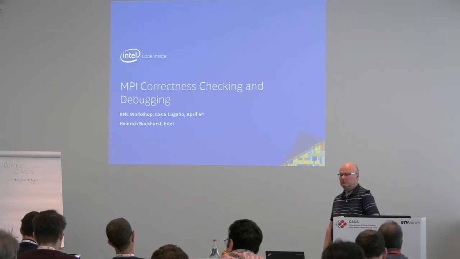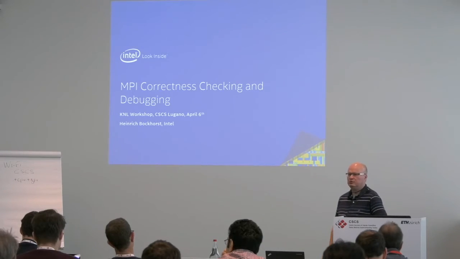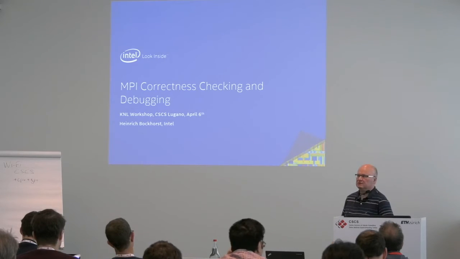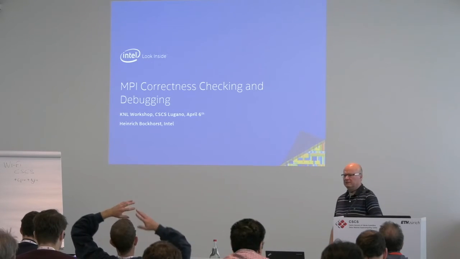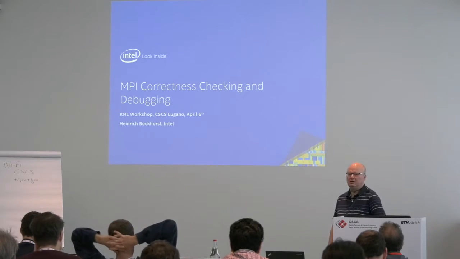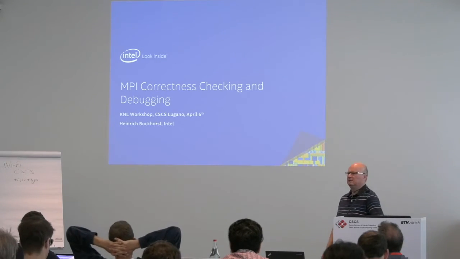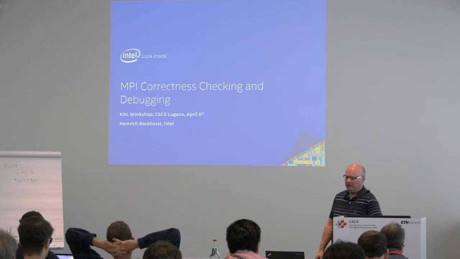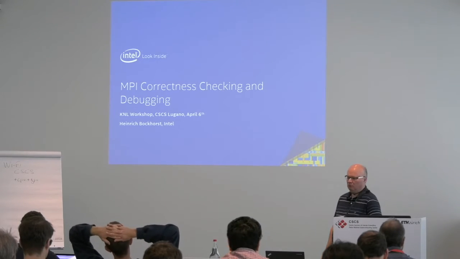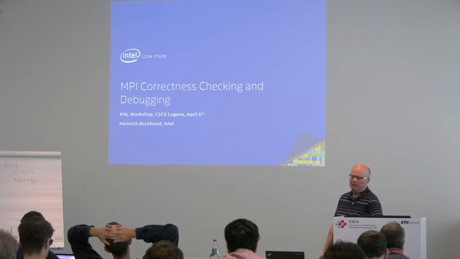In ITAC, you just LD preload a library which uses the profiling interface of MPI, and it overloads every MPI call and then does some checking if the message passing works in a correct way.